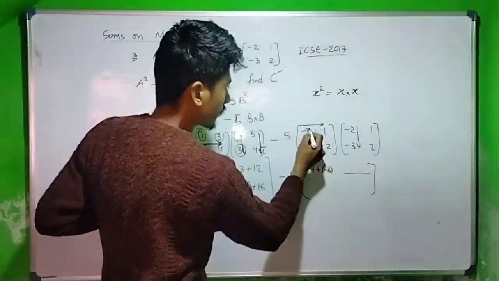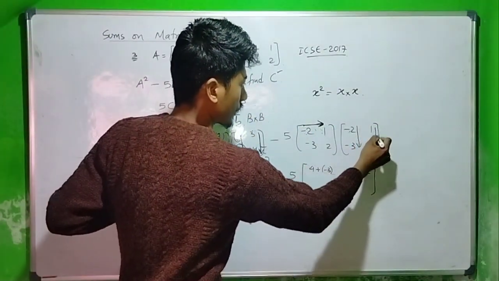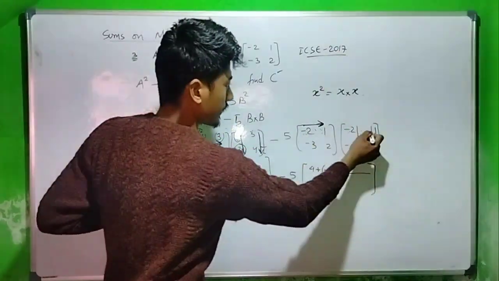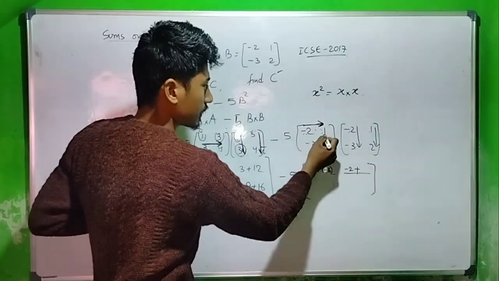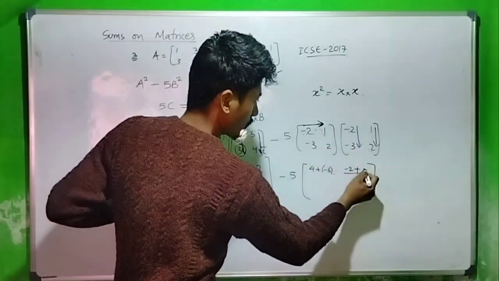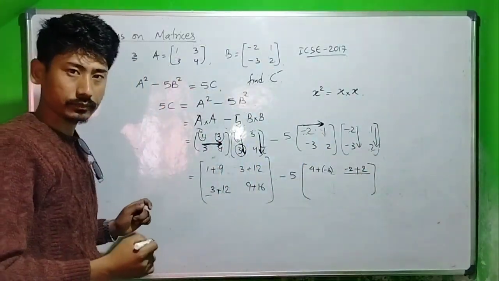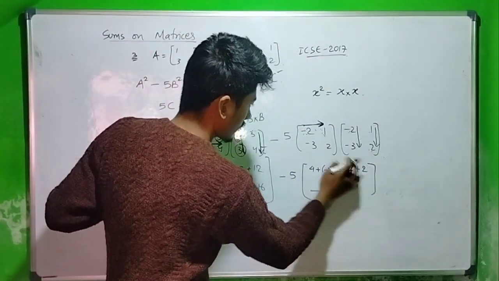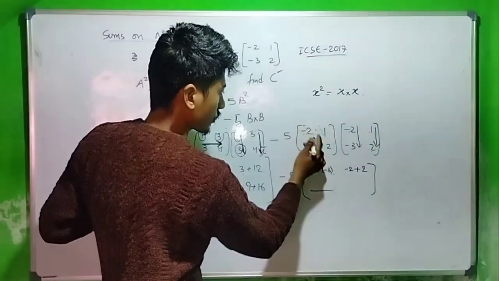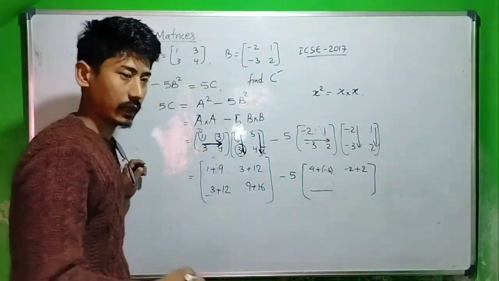To get the second element again, first row with the second column. Tail, that is -2 into 1, -2 plus head, that is 1 into 2, it is only 2. Similarly, to get the third element, we have to forget about the first row. Now we'll go to the second row.